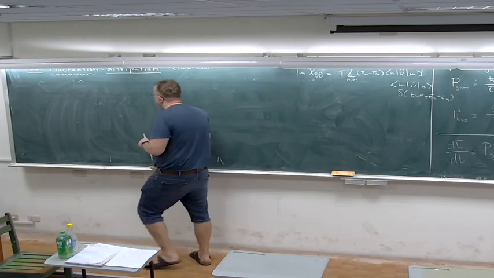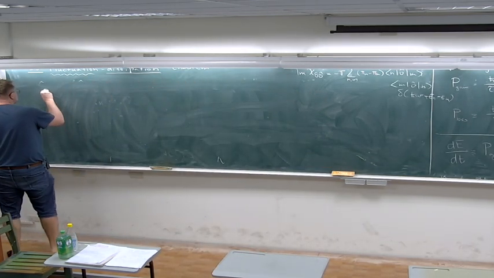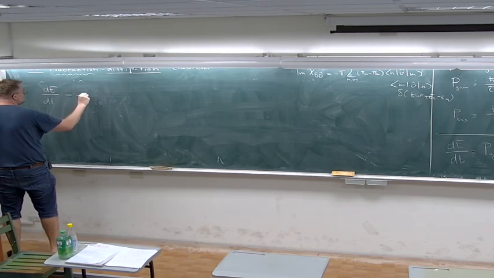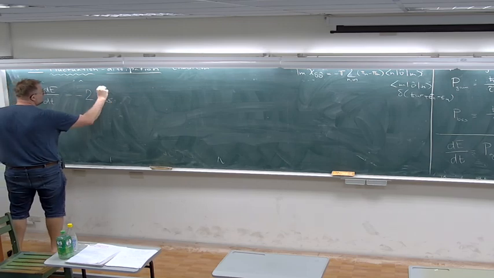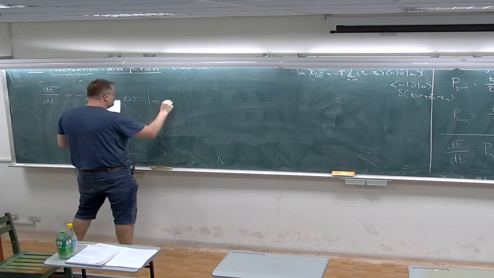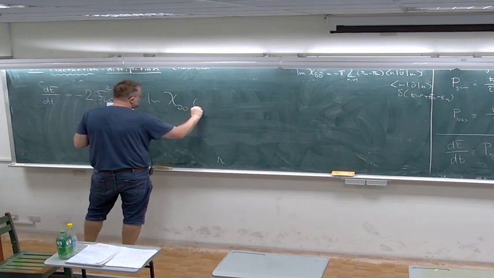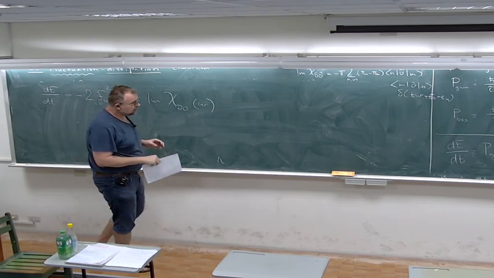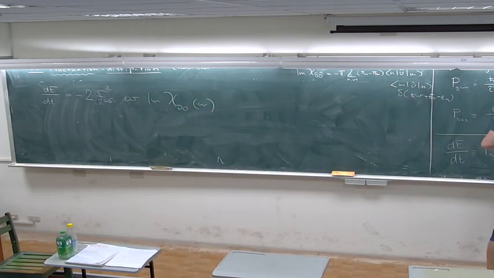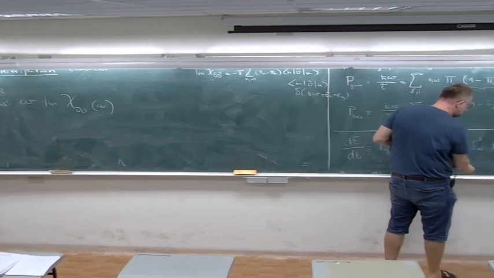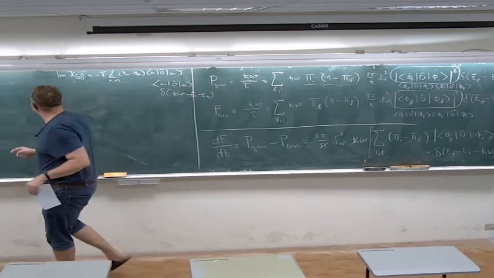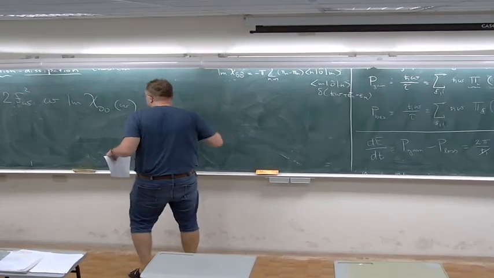What we are getting is that dE/dt is equal to minus 2 F(ω) squared, and this is ω times the imaginary part of the susceptibility χ''(ω). ħ cancels. F(ω) squared survives, minus 1 over p, so this is minus 2, because this p is missing, so I'm getting this result.